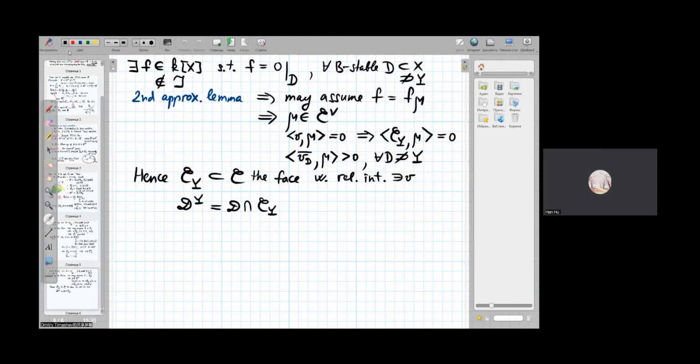So there exists a largest face, say C max in C, whose relative interior intersects the valuation column. Well, indeed, why so?